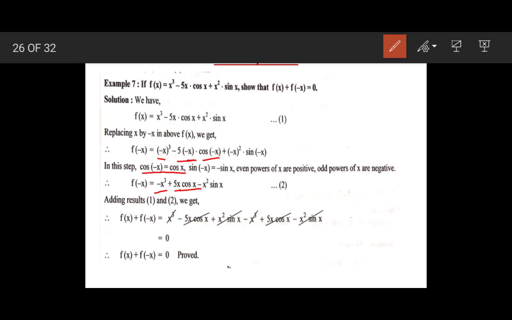So 5x into cos x. Now x minus x square, even number. So it will be a positive number, so x square. But sine minus x is minus sine x. So x square into minus sine x. So that will give you minus x square sine x.